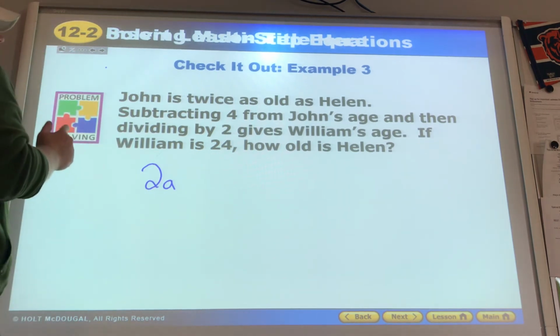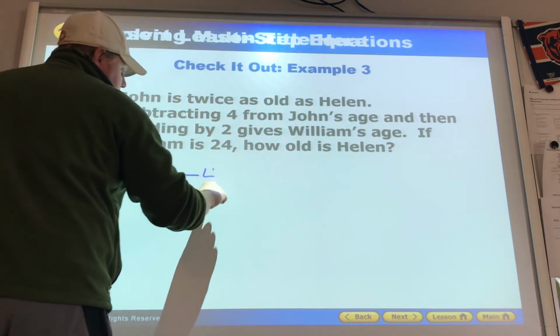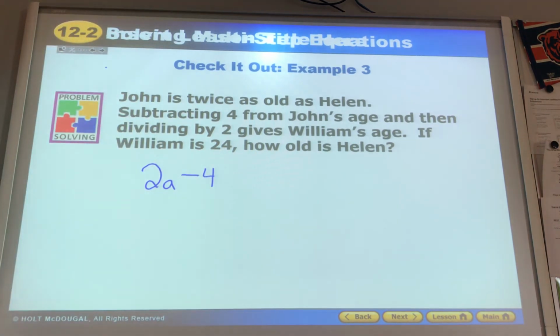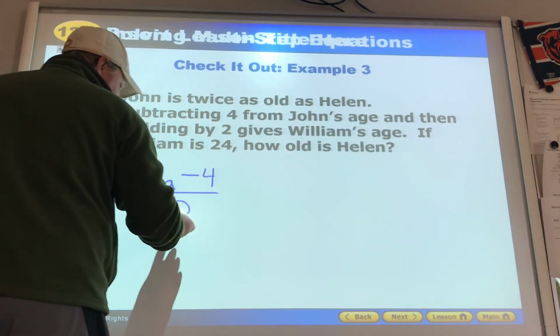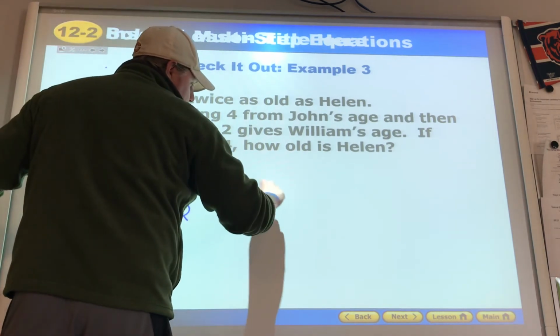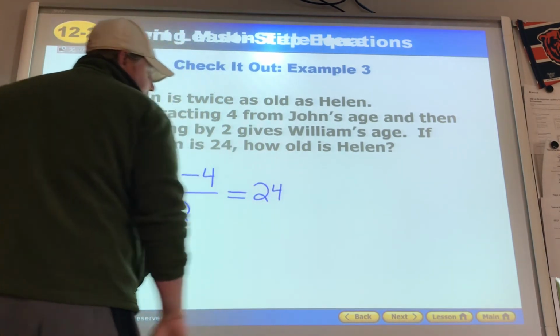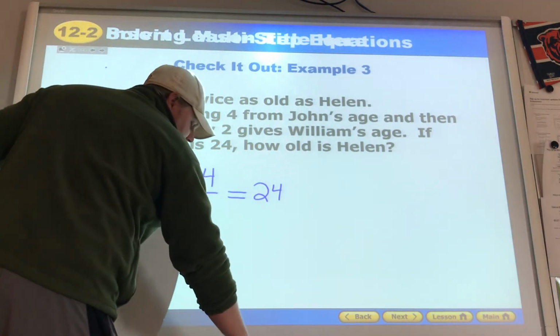Now, once we've got that, if we subtract 4 from John's age, and then divide by 2, that gives us William's age of 24. Okay. I'm good with that.